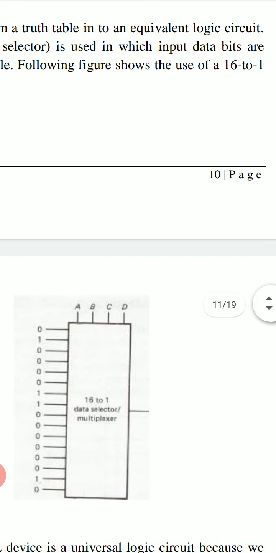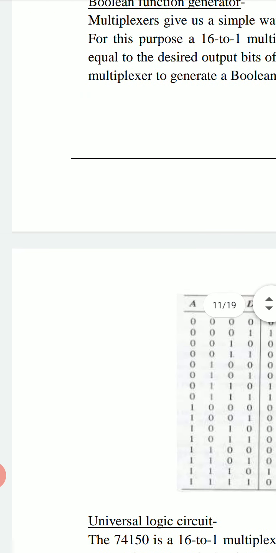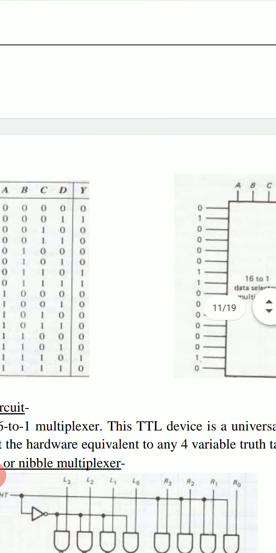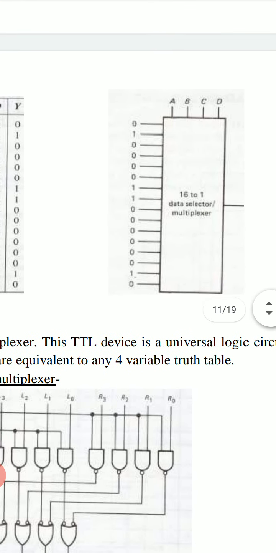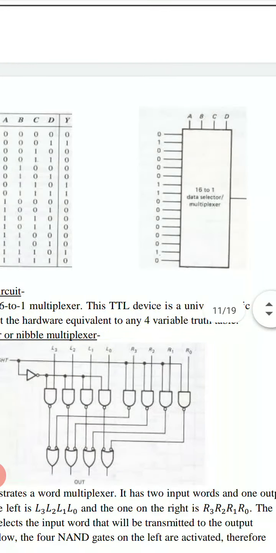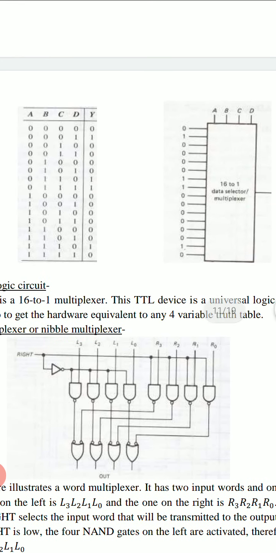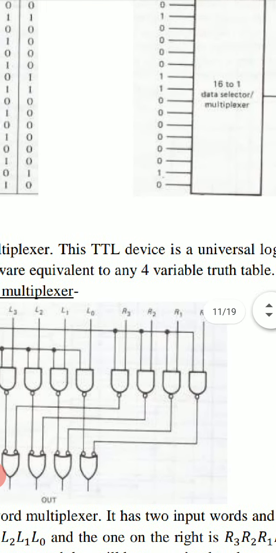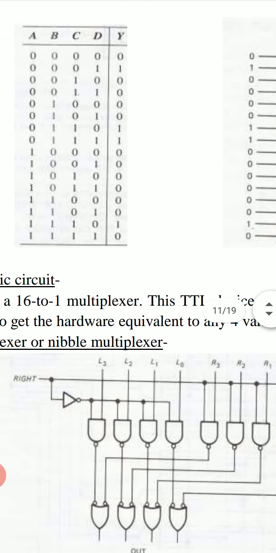The following figure shows the use of a 16 to 1 multiplexer to generate a Boolean function. We have these A, B, C, D, which are the 4 inputs of this truth table, and then the output of this multiplexer will be the same as according to this truth table.